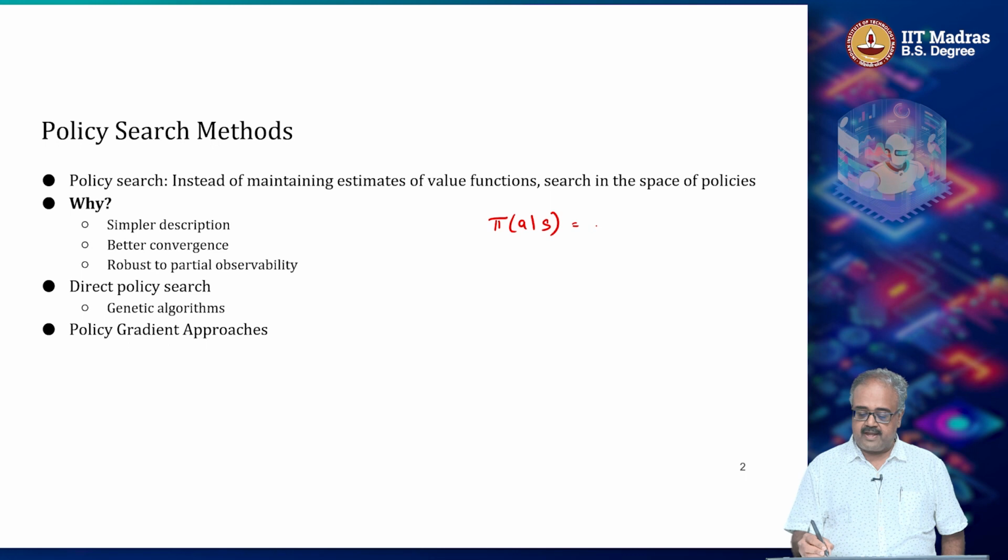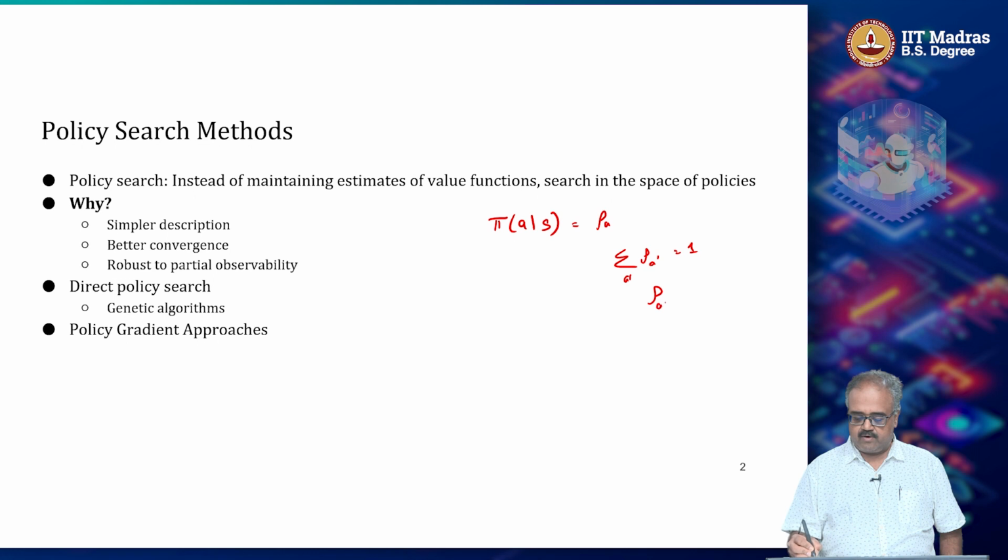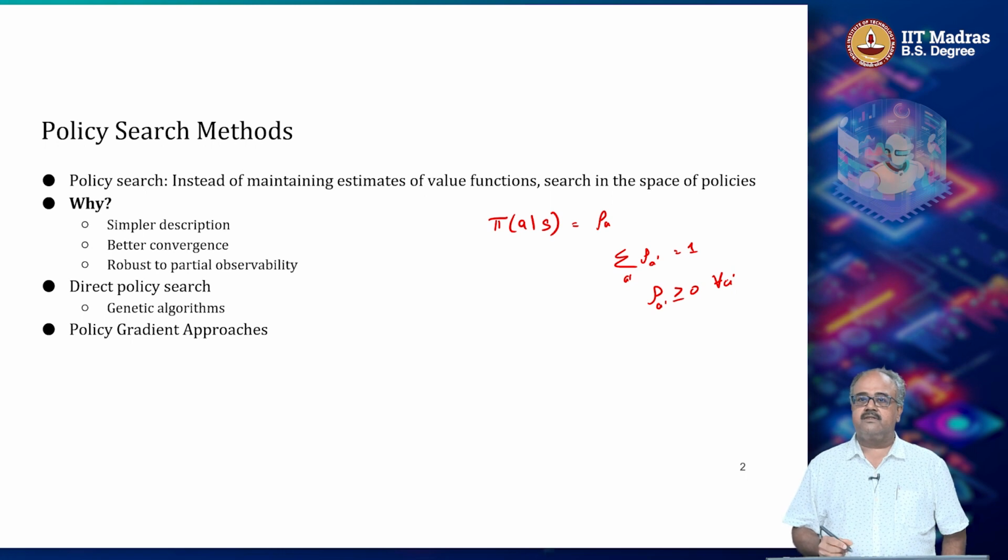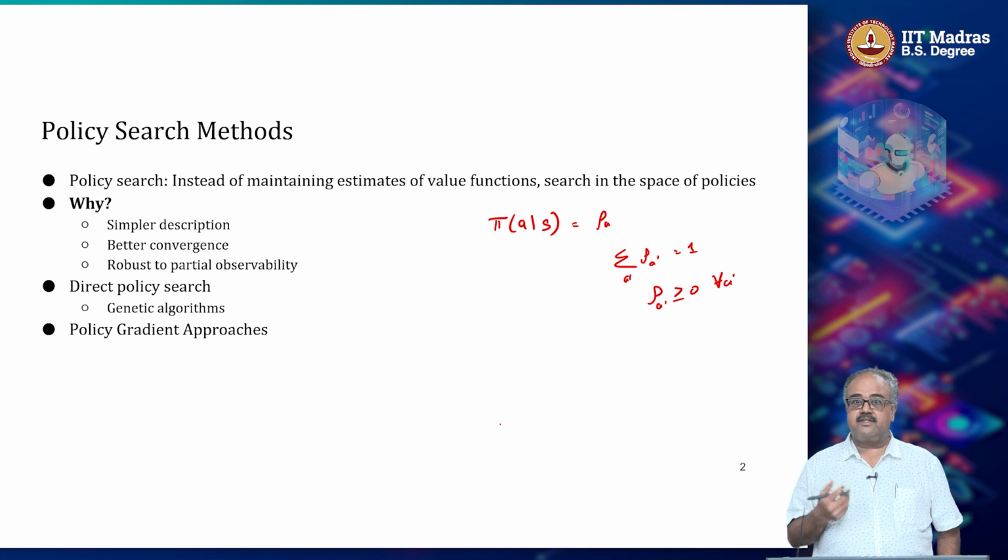Apart from this, you could use other kinds of explicit representations for pi of A. You could just say pi A of s is some rho A, and then say that the summation of rho A prime is equal to 1 and individually rho A prime is greater than or equal to 0 for all A prime. So this is basically like a multinomial distribution.